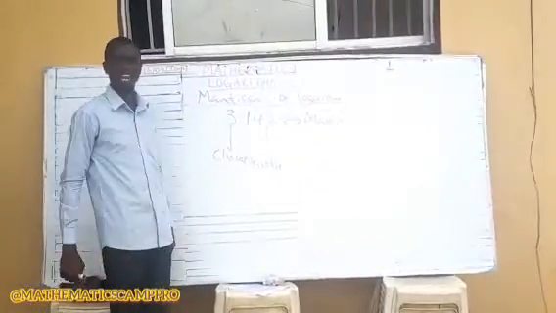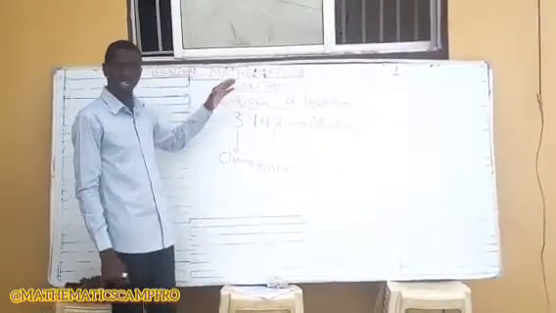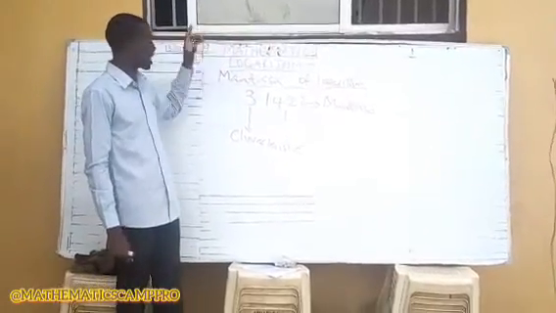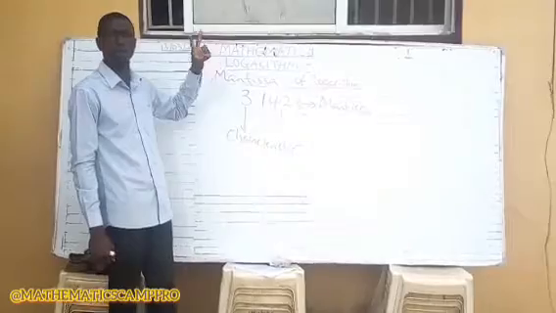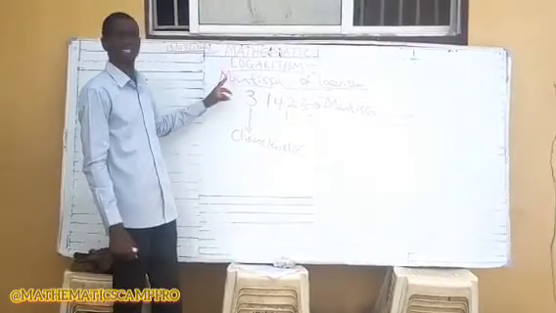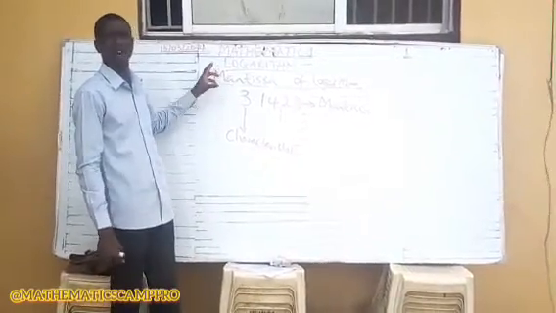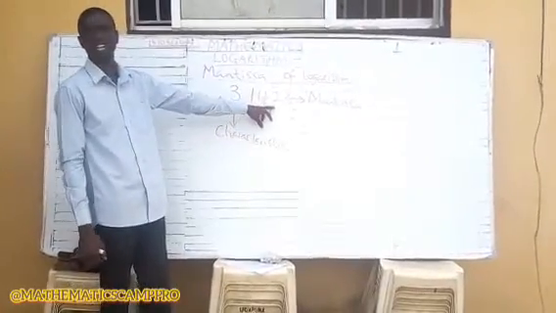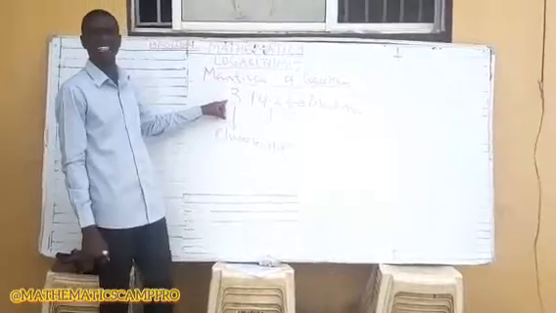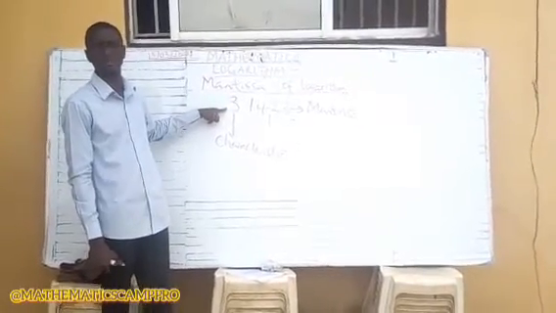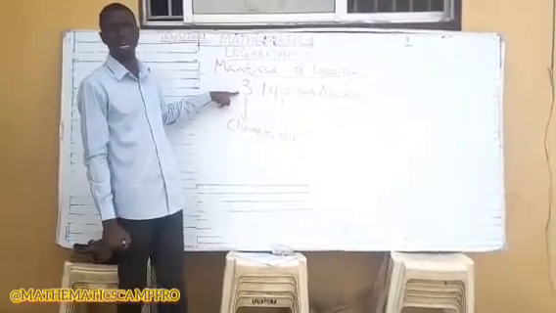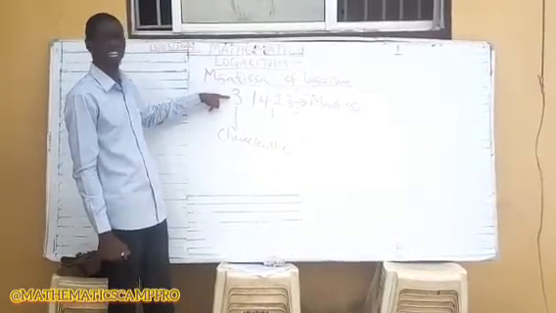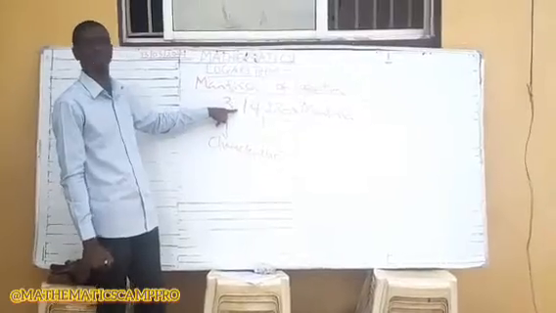I say it again. For you to understand logarithm, there are two things that must be well defined: your characteristics and your mantissa. I have 3.1423. This 3, I said characteristics is the integral or the whole number part of a given number. Now, this is the integral part before the decimal.